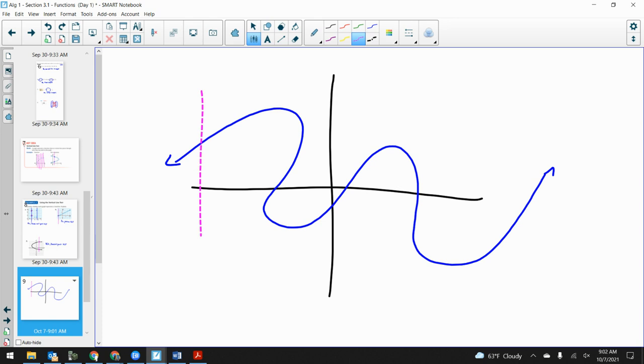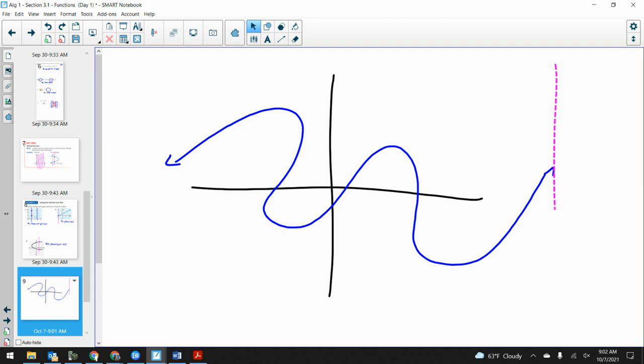No. Remember, it's got to be everywhere, right? So I should be able to move this vertical line and it hits 3 times there, right? And then, oh, it goes back to only hitting once. Then it looks good and looks good and looks good. And then it looks like, ooh, it kind of looks like I hit twice there too. But then it's good the rest of the way. So even though it only happened in a short amount of time, that doesn't matter. It's still not a function anymore.